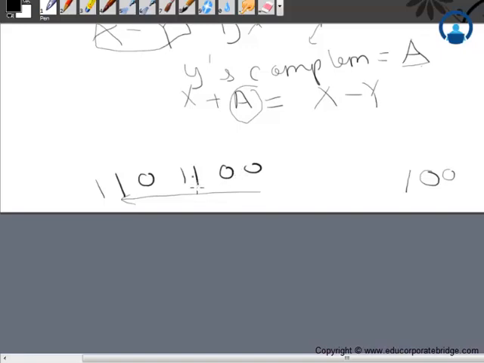The moment we find 1, we write the 1 as it is, and after this 1 we keep on taking the complement of the bits which we come across. That is, initially these two zeros remain unchanged.